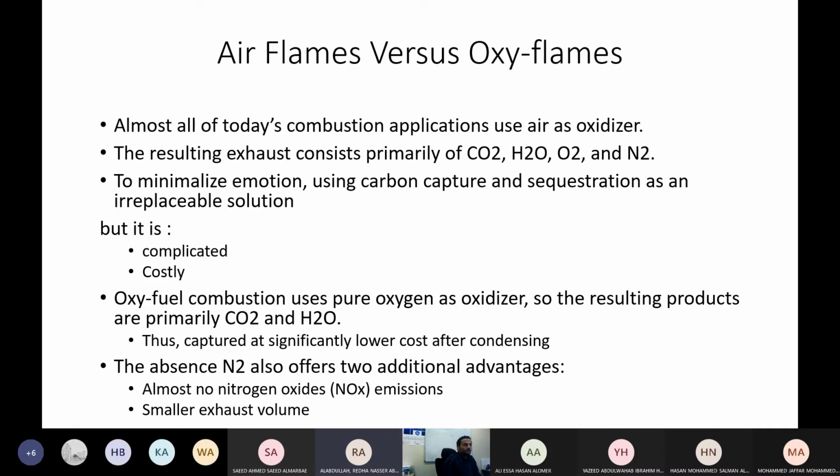Oxy-fuel combustion, on the other hand, uses pure oxygen as oxidizer, so the products are primarily carbon dioxide and water.